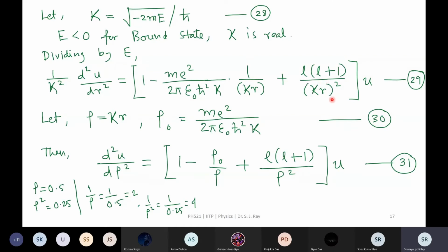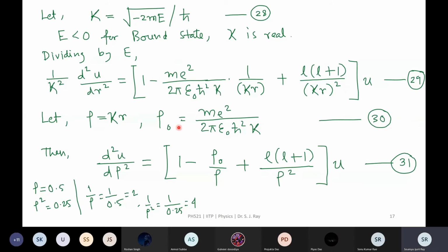At this stage, I will do one more change of variables. There is a new variable rho, which is a product of k and r. k is independent of r because it is only a function of energy. And rho 0 is defined as this coefficient, m e square divided by 2 pi epsilon naught h bar square by k, which is basically this particular term.